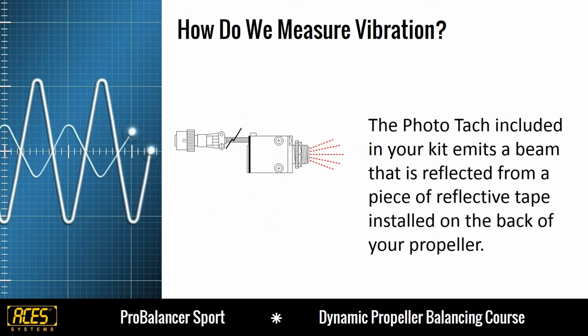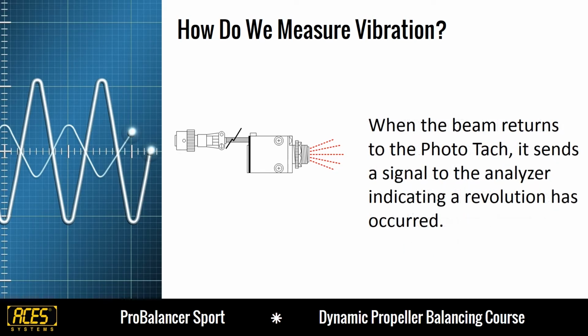We also need to measure the rotation of your propeller using the phototach included in your kit to emit a beam that is reflected from a piece of reflective tape installed on the back of your propeller. When the beam returns to the phototach, it sends a signal to the analyzer indicating that a revolution has occurred.